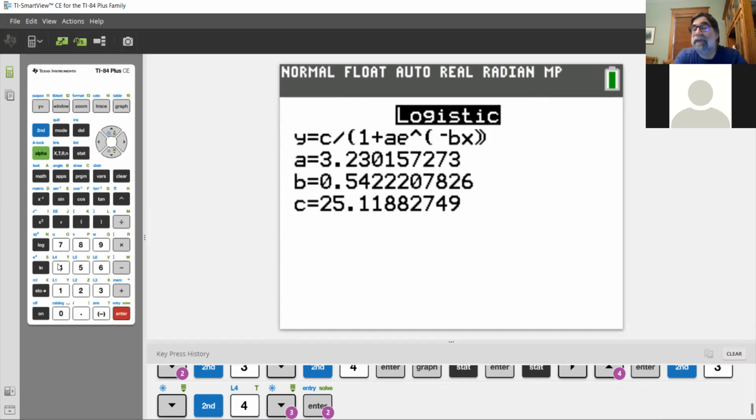Okay, notice the format. It gives you A, B, and C. C is your maximum output. Based on the model, the outputs will not go above 25. And then A and B have something to do with the initial numbers and how the rate of growth changes throughout the problem.